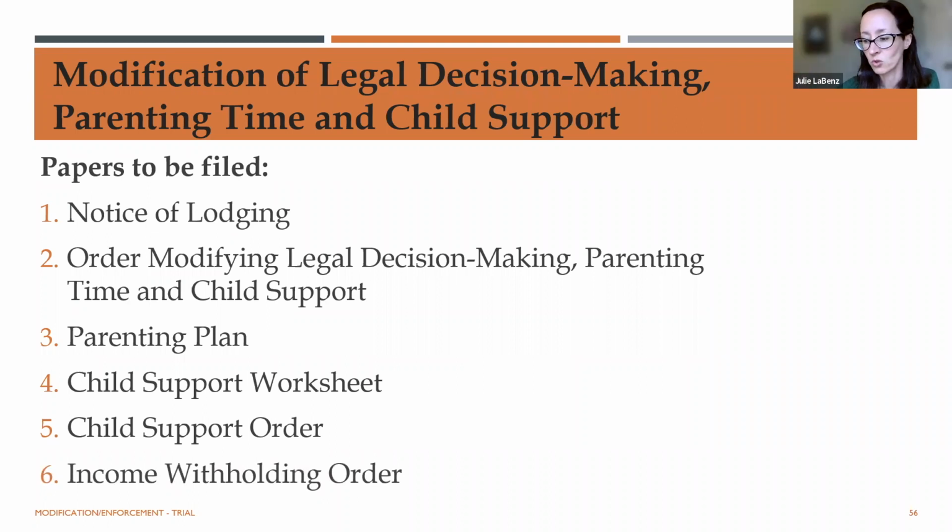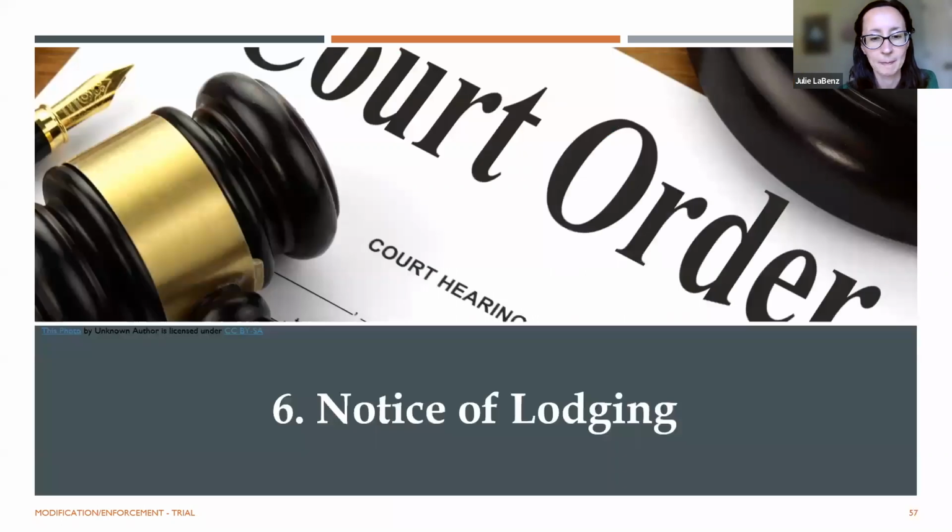That is the order to the person who's ordered to pay child support, which goes to their employer and orders the employer to withhold a certain amount of child support from their paycheck so that it can go directly to the clearinghouse and then be given to the parent entitled to receive child support.